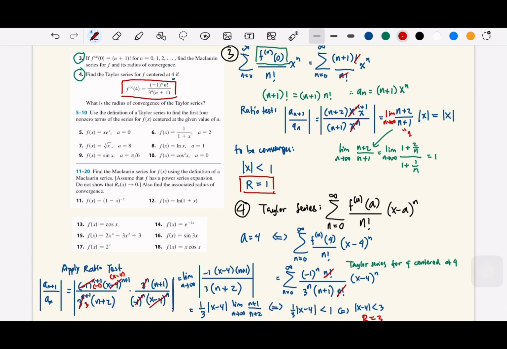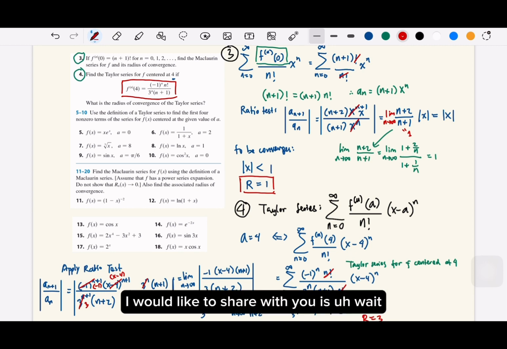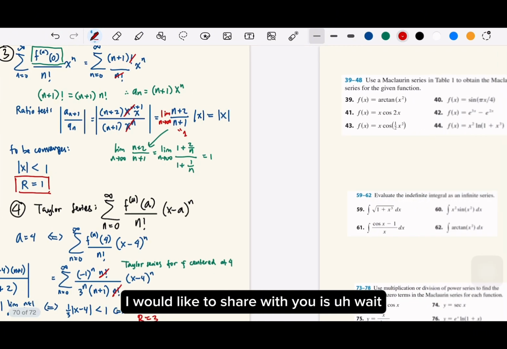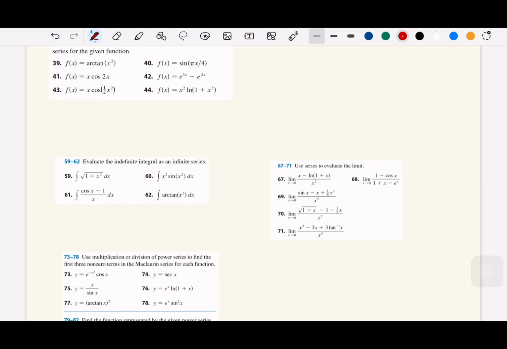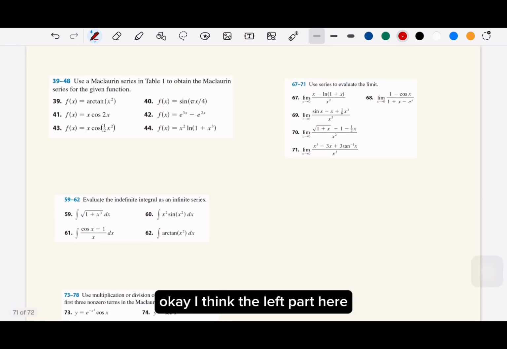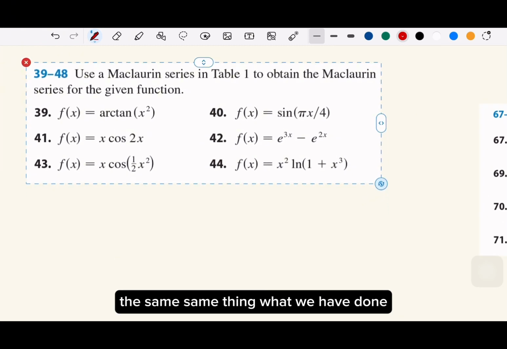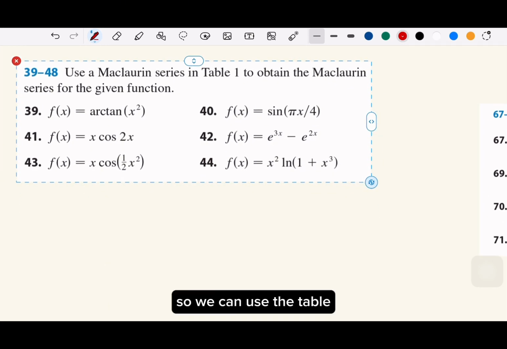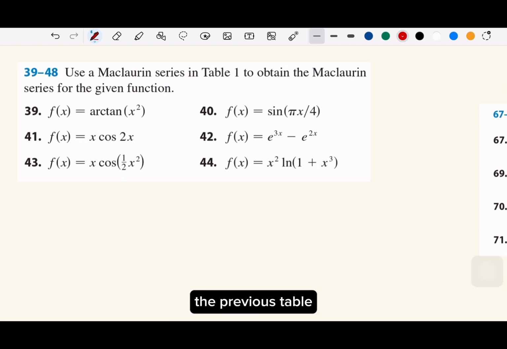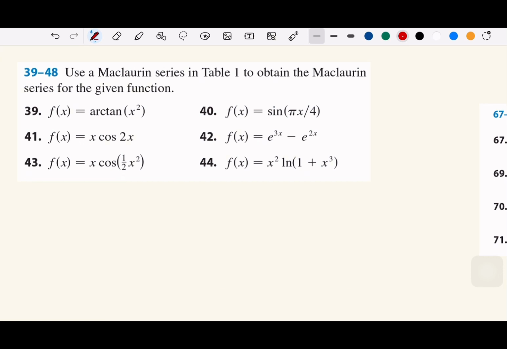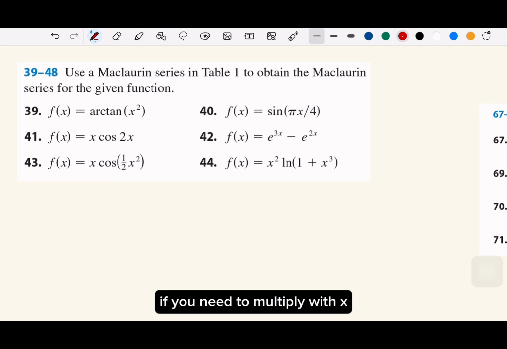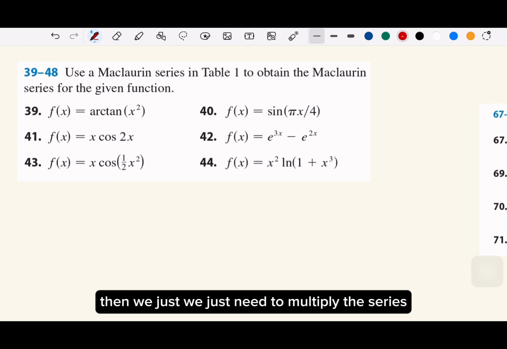Okay. So the next part of the question that I would like to share with you is, wait. Okay, I think the left part here is the same thing we have done. So we can use the previous table, and then we can substitute the x with all these terms, and then multiply. If we need to multiply with x or x squared or any terms, then we just need to multiply the series.